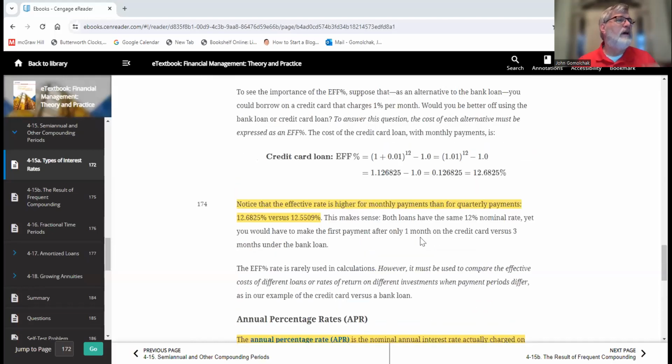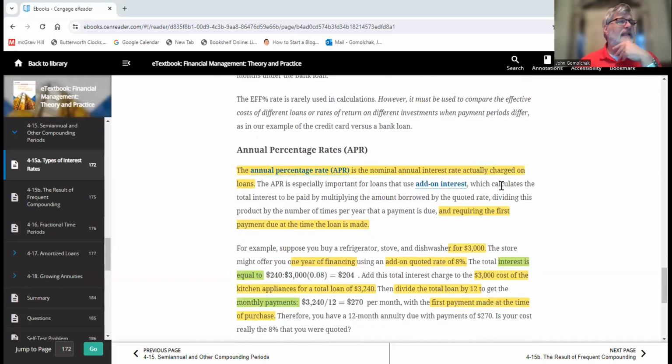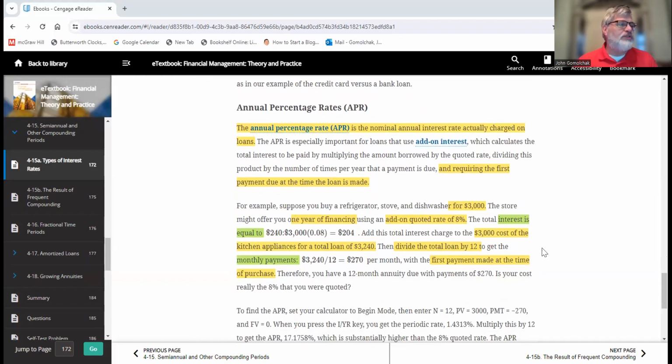Let's go back to the book for a minute. All right, so that's this stuff right here that we just talked about. Then the next thing is the annual percentage rate. The annual percentage rate is the nominal annual interest rate actually charged on loans.